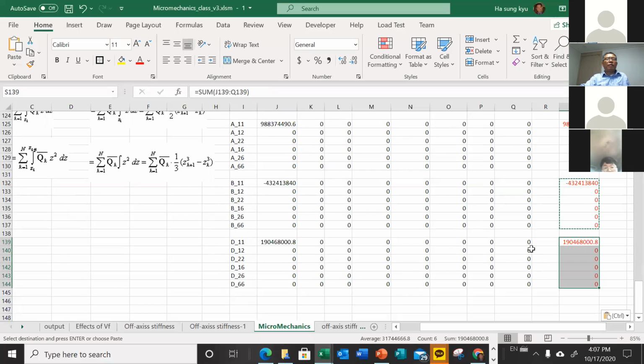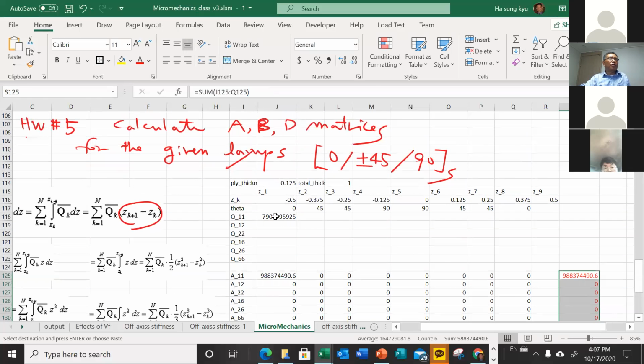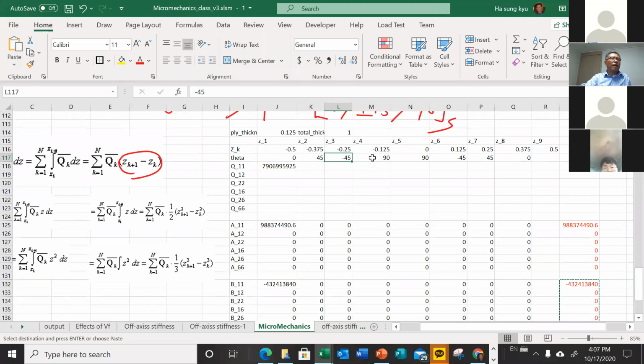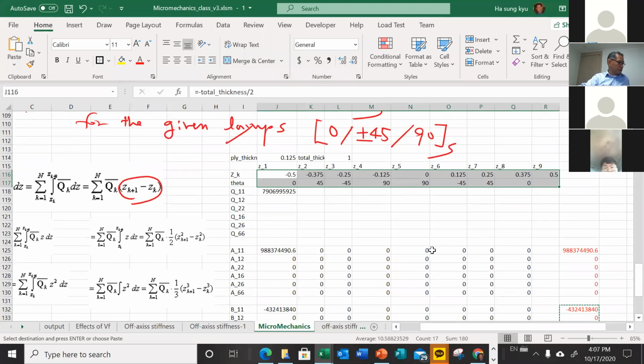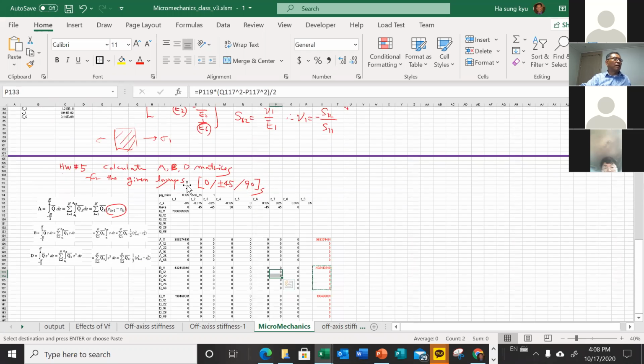So this will give us all the ABD matrix for the given Q11 and all the Qs and 4 different angles. Remember, you need to calculate the Q corresponding to theta. And you have to have a different Q for this, and for that, right? That's one you need to do. And this is the Z coordinate, and this is how you calculate the ABD matrix. Okay, so this is the homework for the given problem.